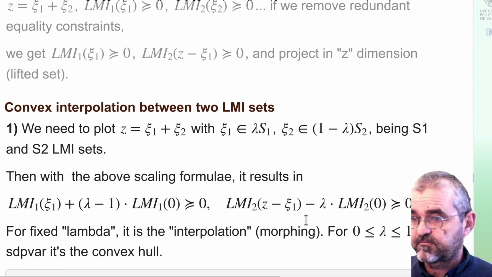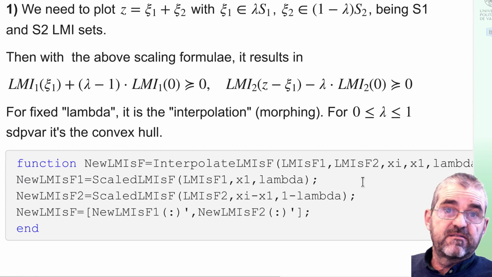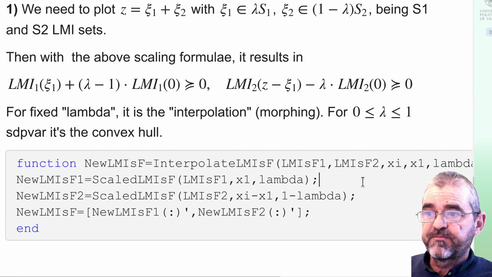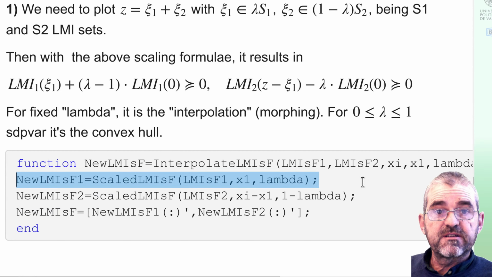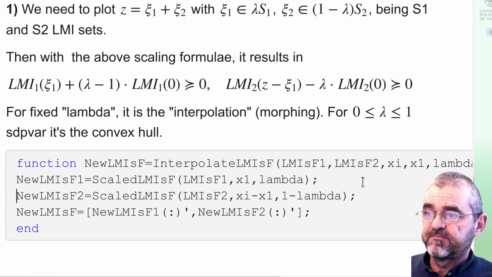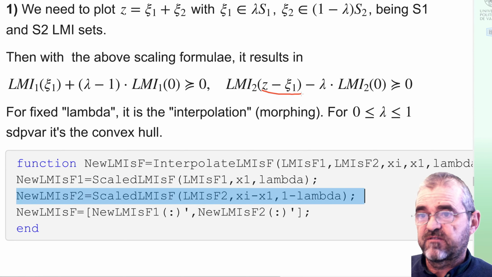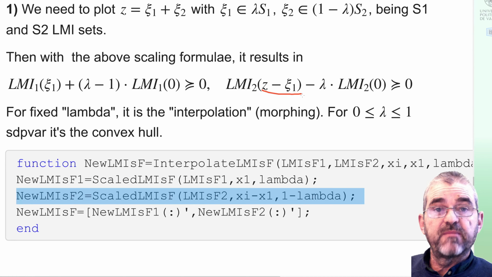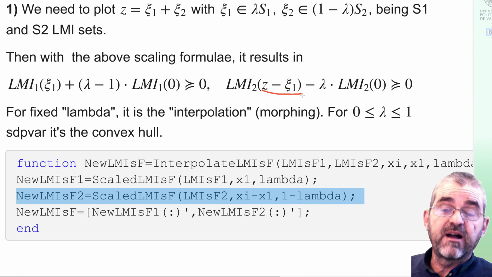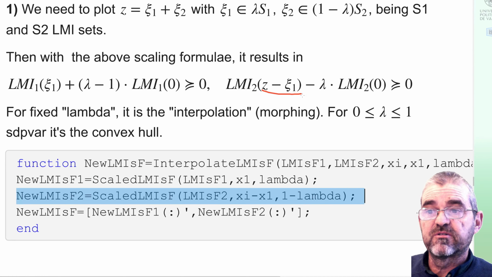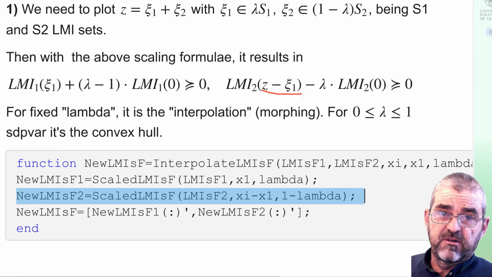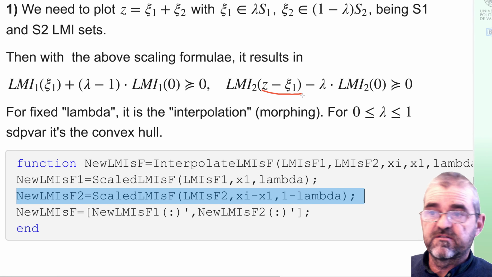So if I set the code that given some LMIs, I scale the first ones by scaling factor lambda, and I scale the second ones by scaling factor 1 minus lambda, then I get new LMIs defining that interpolation or convex hull, depending on lambda being a constant or a decision variable.